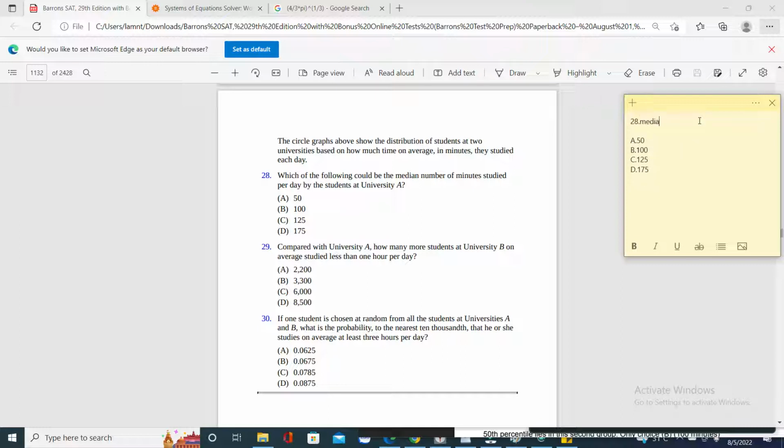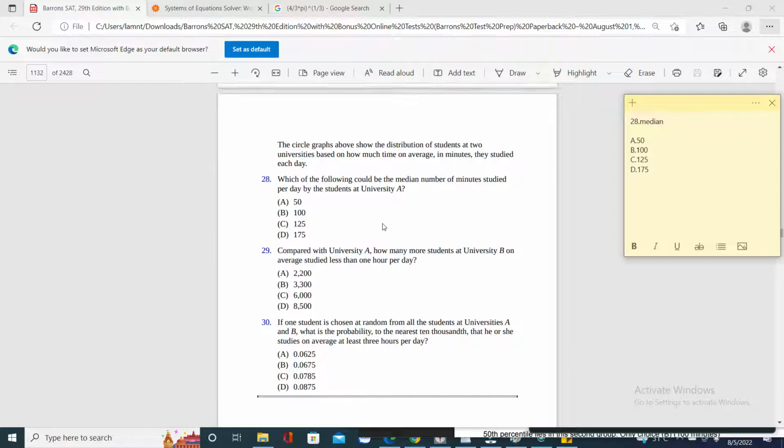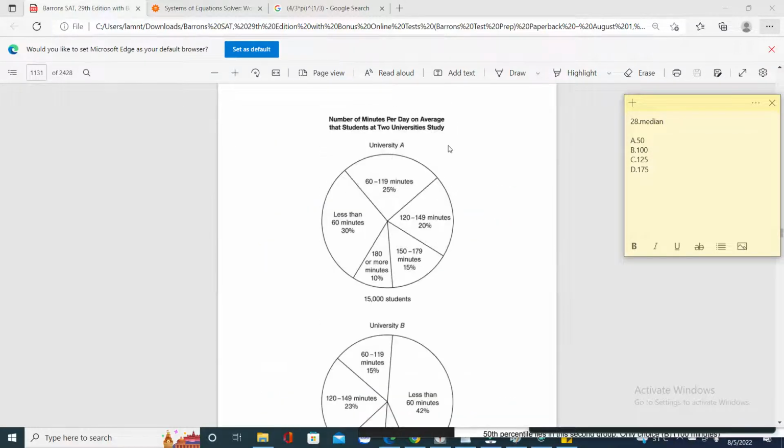So the median is the 50% mark. We calculate from less than 30 minutes, then less than 60 minutes.